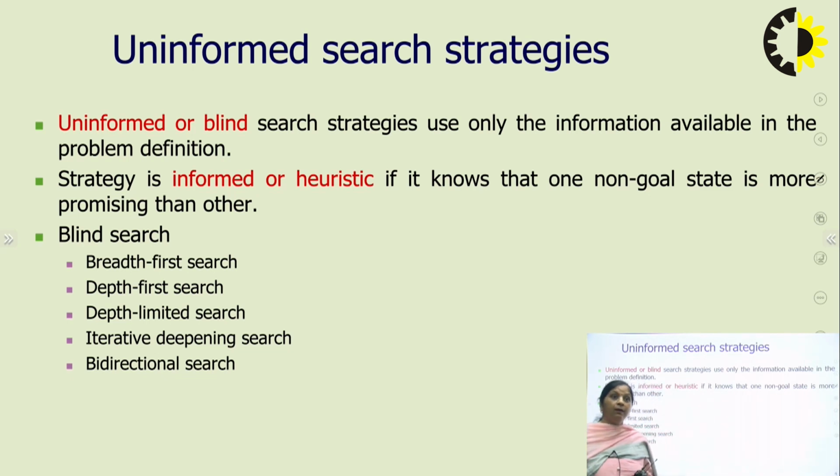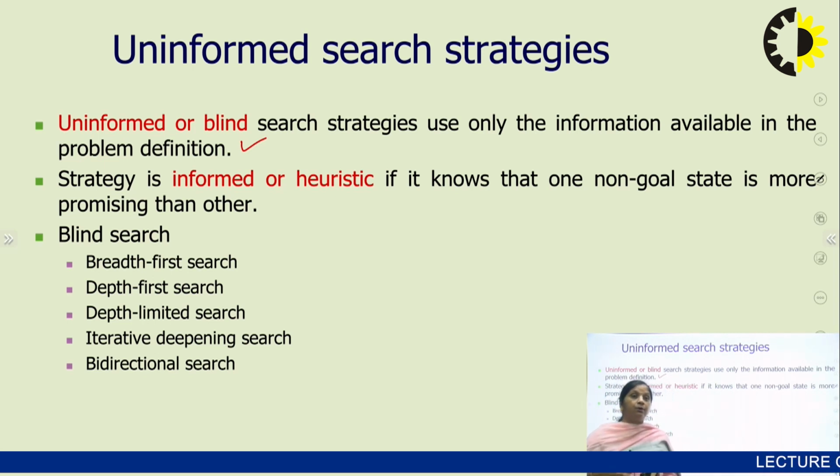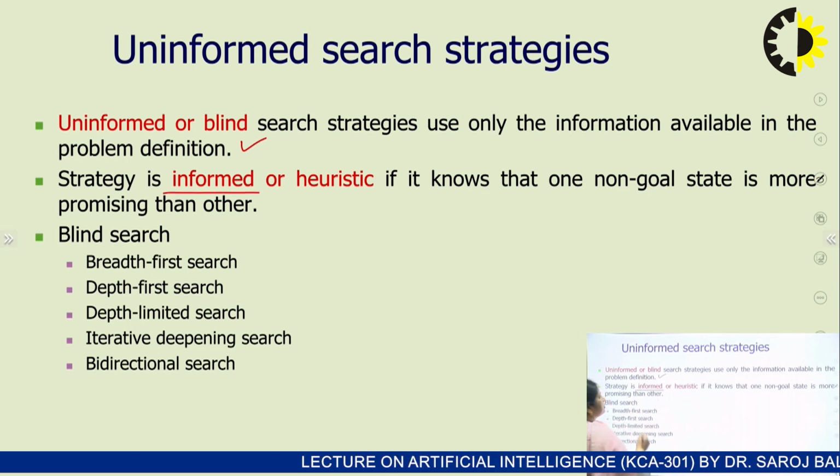Nothing is available more than the problem definition. That is uninformed search. It is also called blind search. Blind search means we are blindly searching, we are not having any direction where we should go. And if some information is given, then we call it informed search.